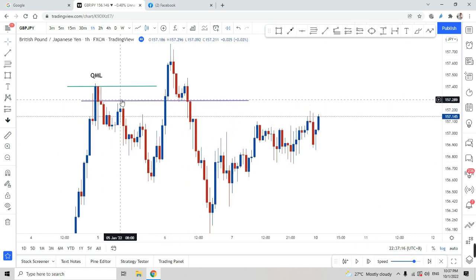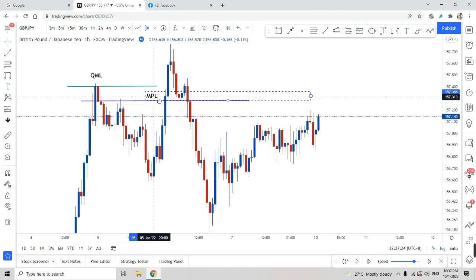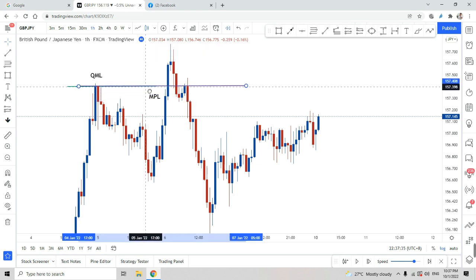So first we have our MPL. Let's label our MPL so that you fully understand what is happening. Can you see where my QML is and where my MPL is? It might be at a different place, don't ask me again. It can be the same place and it can be a different place.